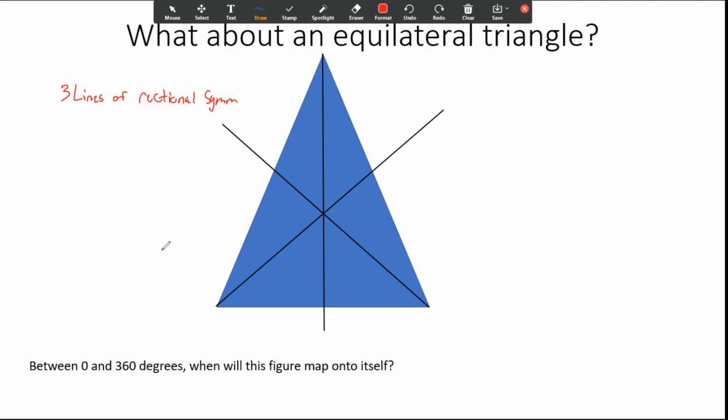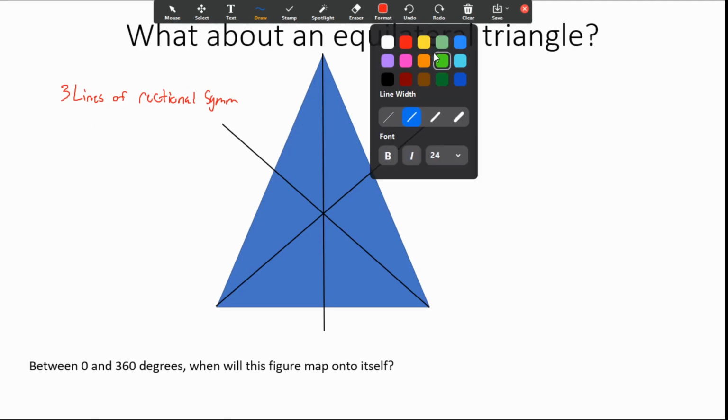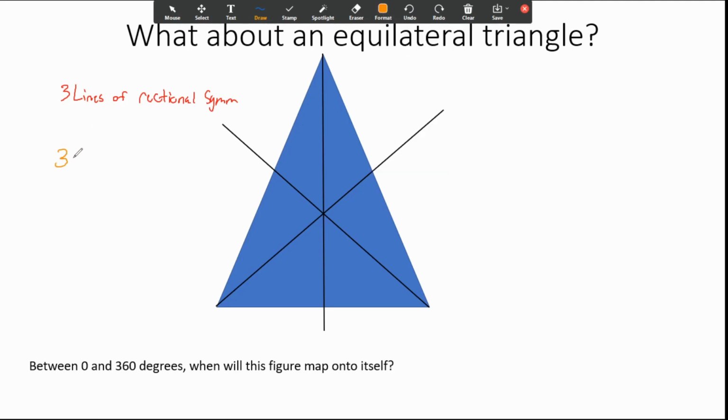So my question is, how many degrees do I have to turn it just to get it to map onto itself? That is going to be 360 divided by 3, because I have 3 lines of reflectional symmetry. So every multiple of 120 degrees between 0 and 360 will map this onto itself. So if I call this 0 degrees, if I want to map it onto itself, I would have to travel 120 degrees somewhere over here, right?